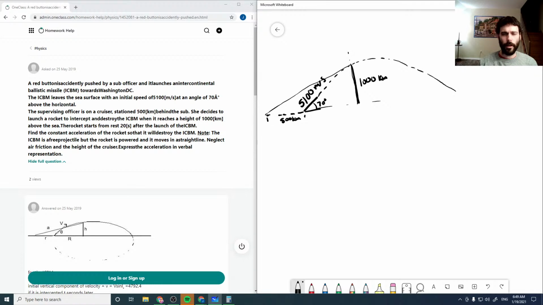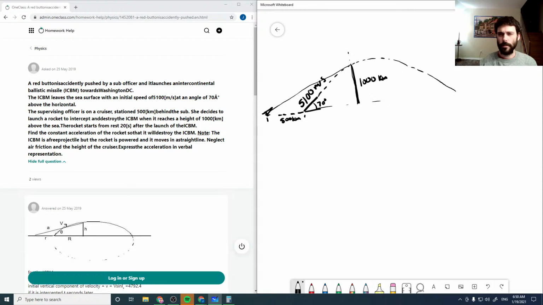And we need to find the constant acceleration of the rocket such that it will intercept, neglect air friction, and the other thing that's given is that the rocket starts 20 seconds after the ICBM is launched. So we just need to find the time where our ICBM reaches 1,000 kilometers, and then use that time to figure out how much time the rocket has to see the force that we need.